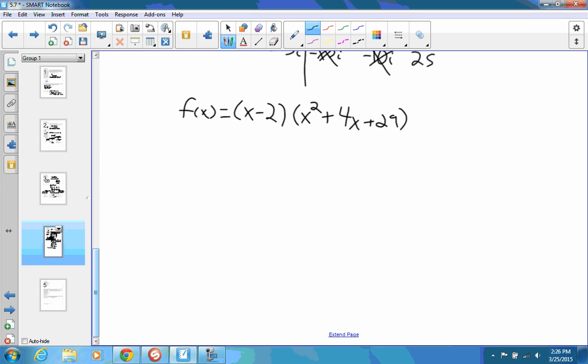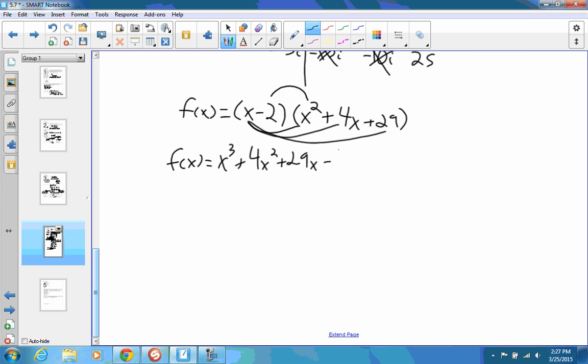I'm not going to do the box, I'm just going to draw lines. f of x equals x cubed, plus 4x squared, plus 29x, minus 2x squared, minus 8x, minus 58.